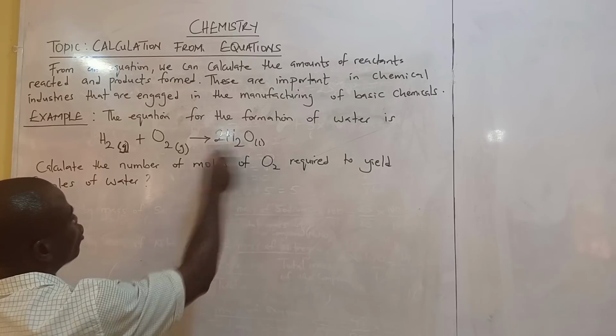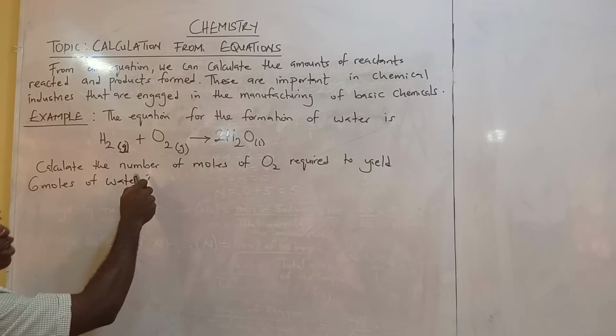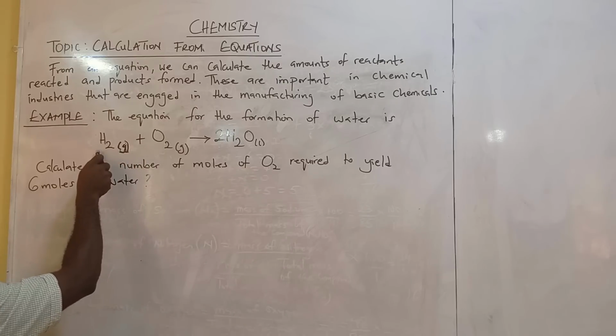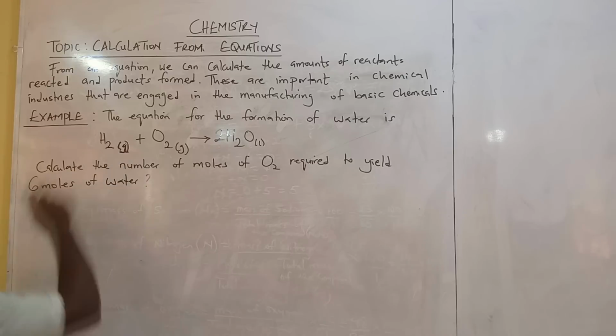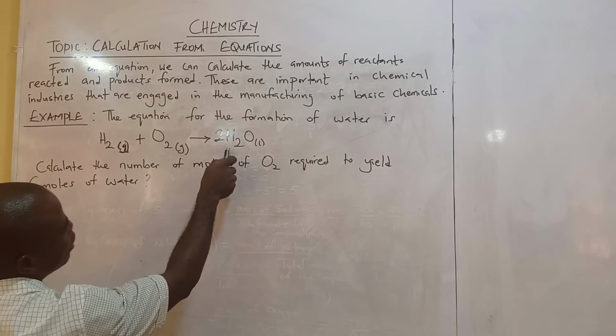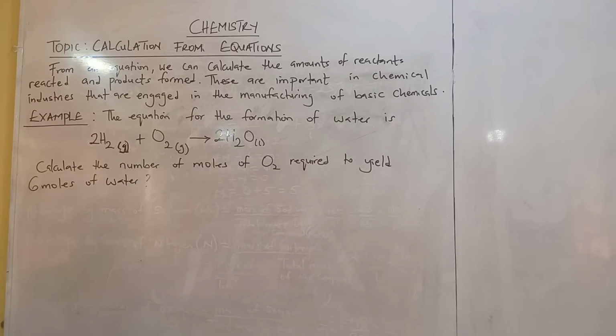It has made the oxygen balanced, but as you balance the oxygen, more problems have been created on the reactant side. Now you have balanced the oxygen, the hydrogen is no longer balanced. You now see how many hydrogens are here, which is 4. Try to add 2 to this hydrogen.